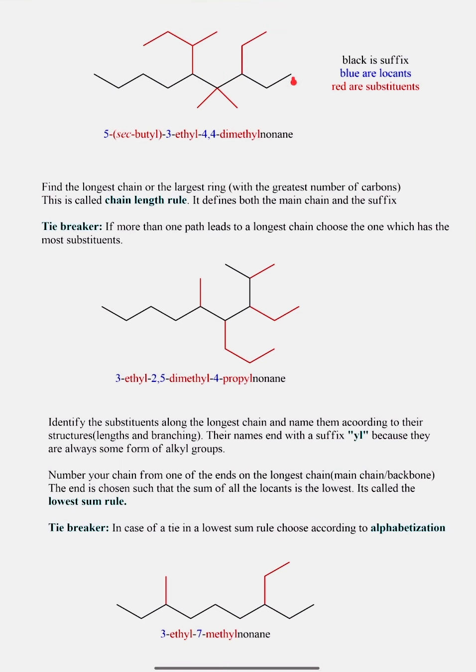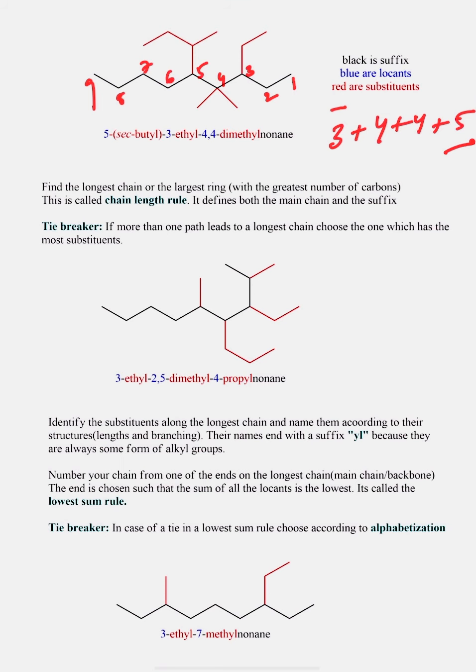But if I number from here, I see the locants and add all the locants. It's 3 plus 4 plus 4, because 2 substituents are attached on the 4th carbon, plus 5. What do I get here? I get 8 plus 8, 16.